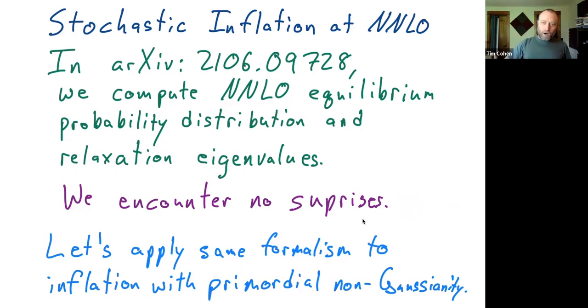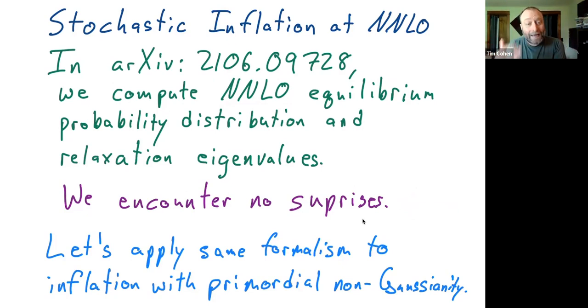We just worked hard, we computed this two-loop diagram, we extracted the divergent part, computed the RGEs, solved them, done. We got corrections to the probability distribution. I'm not going to write the formulas for you. They're not particularly illuminating, but they exist. You can see them in the paper.